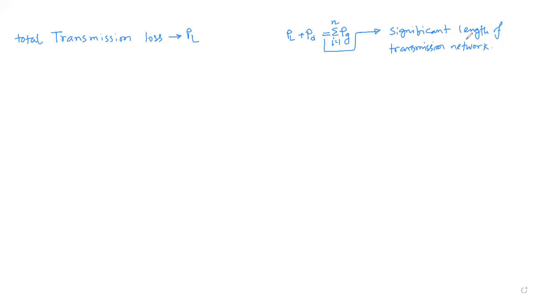Because of this length of the transmission network, we cannot ignore the transmission line resistance RL, as well as the inductive reactance of the transmission line. Accordingly, we have to consider the losses occurring in these components.